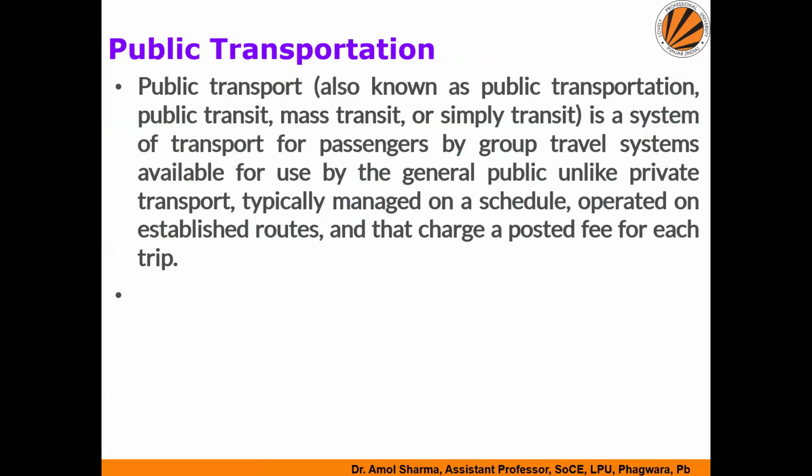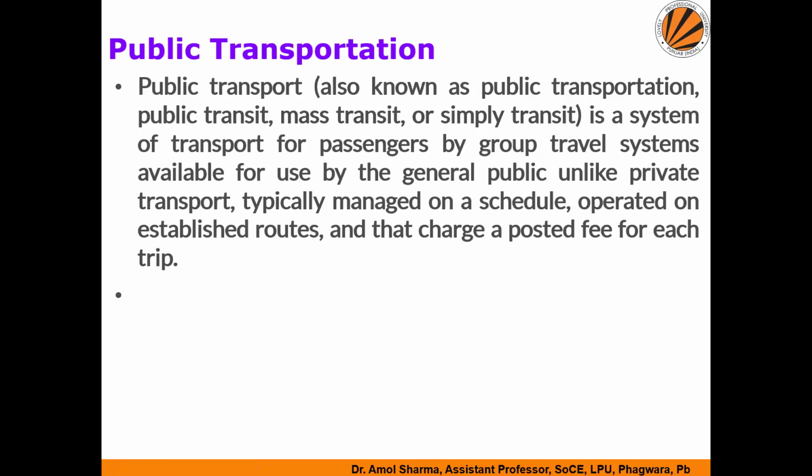A public transport network, also known as public transit, mass transit, or in simple terms, transportation system, is built for passengers so that they can travel individually or in a group, and is available to the general public, unlike private transportation. So public transport is open to all the members of the society.